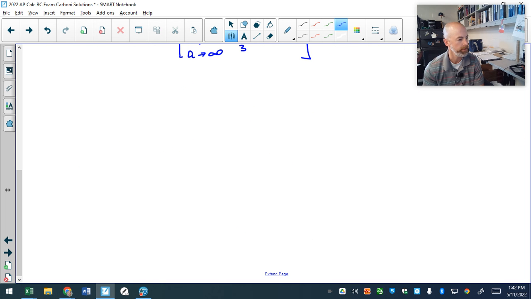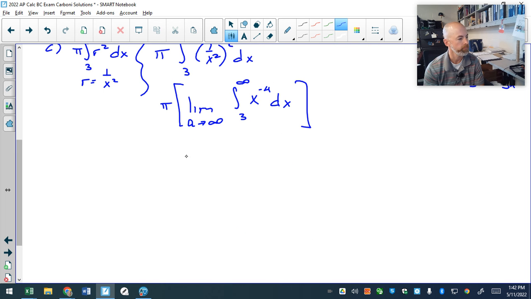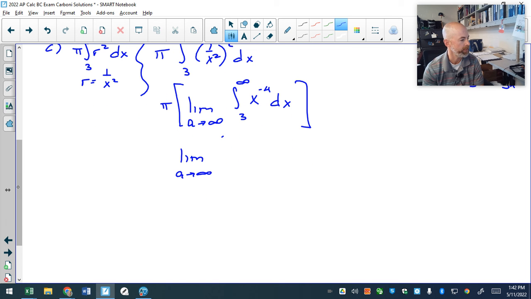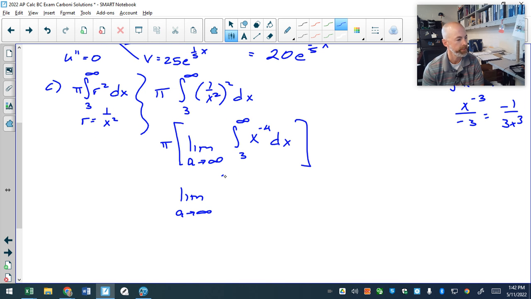So I'm going to come down here. I'm not evaluating the limit yet, so I'm going to continue to write limit as a goes to infinity. And the antiderivative was negative 1 over 3x cubed, evaluated from x equals 3 to x equals a.